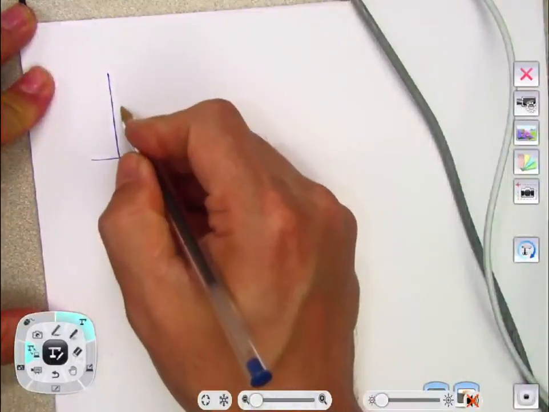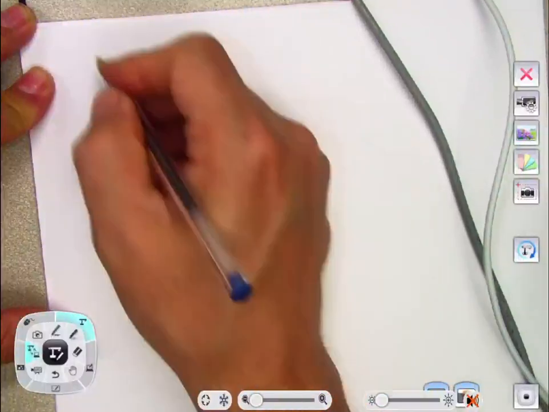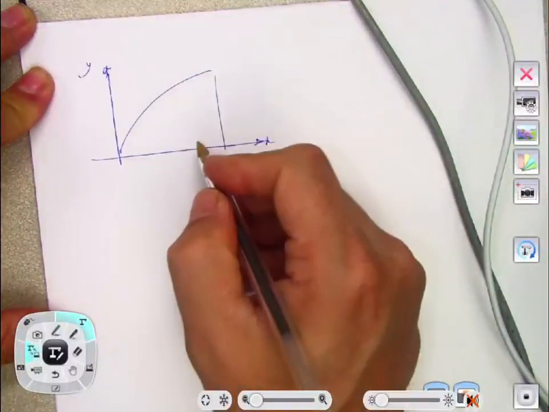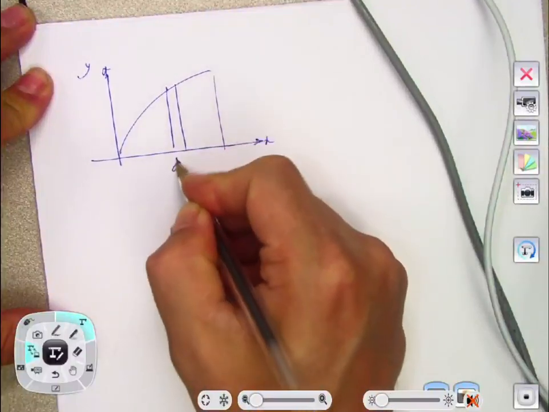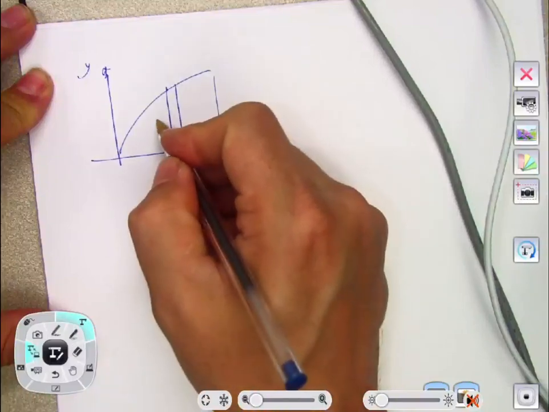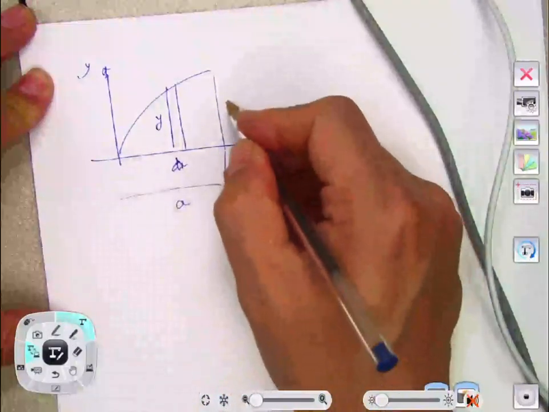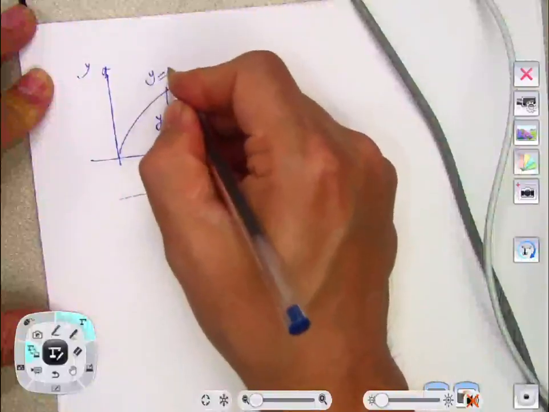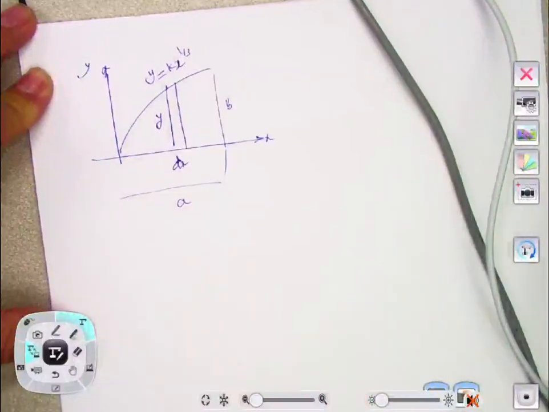I still have my differential element like this. It has length dx, this is y, this is a, this is b, and this function is y equals k x squared.